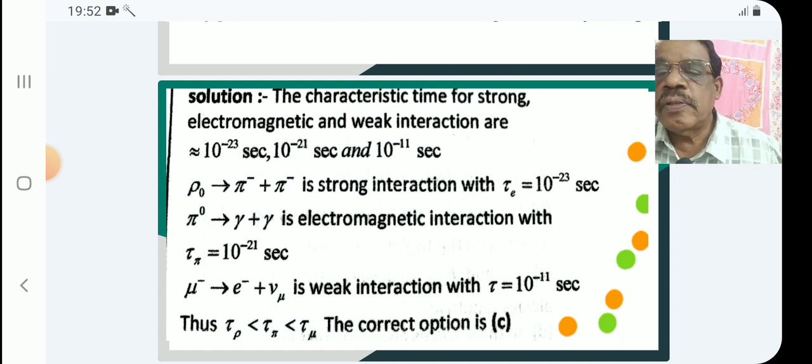And mu minus gives e minus plus neutrinos, a weak interaction with tau equal to 10 raised to minus 11 second. So 10 raised to minus 11 is the largest and 10 raised to minus 23 is the smallest. So we can write tau p less than tau pi less than tau mu. The correct option is C.